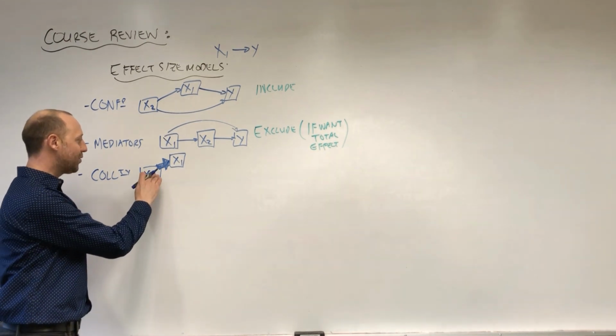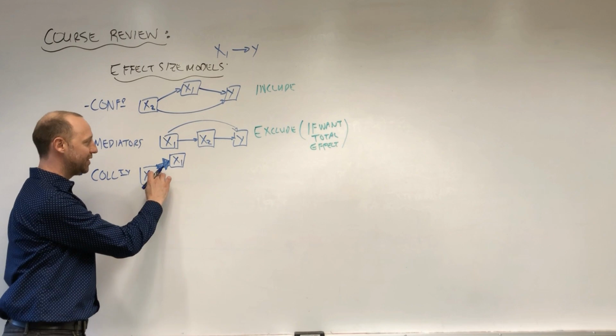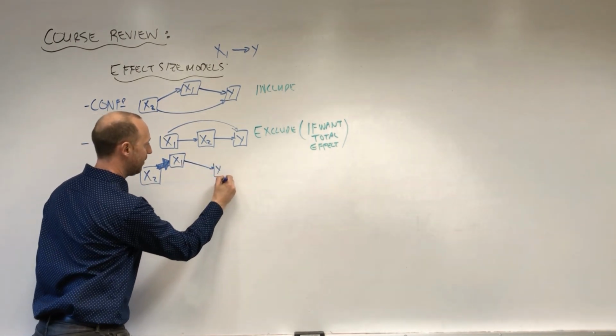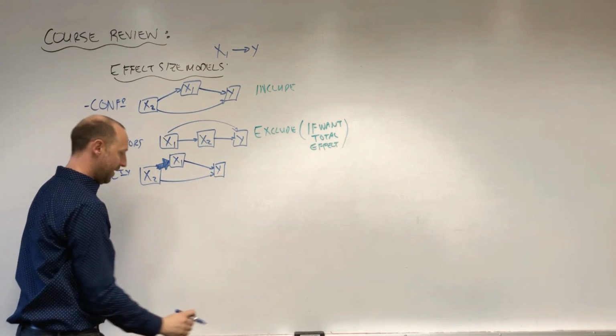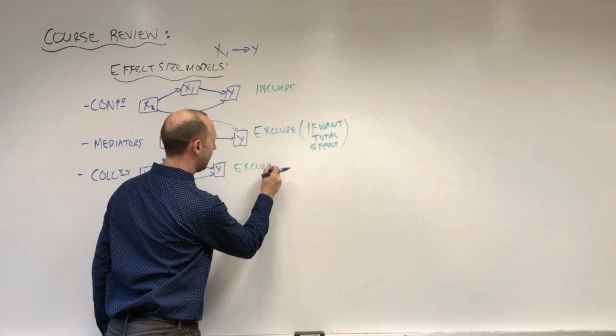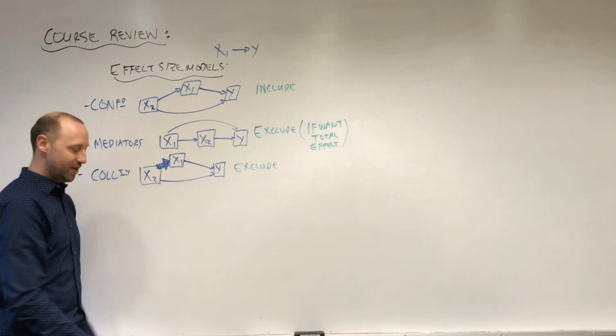This happens quite often when x2 is an alternate measure of x1, or it's capturing almost all the same information that x1 is. And we saw that we're going to want to exclude these. So if you have some variable that is almost another measure of x1, we don't want to put that in the model.